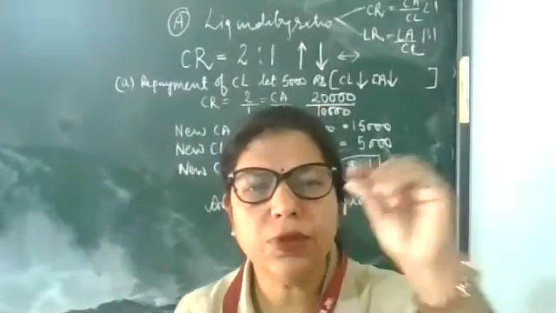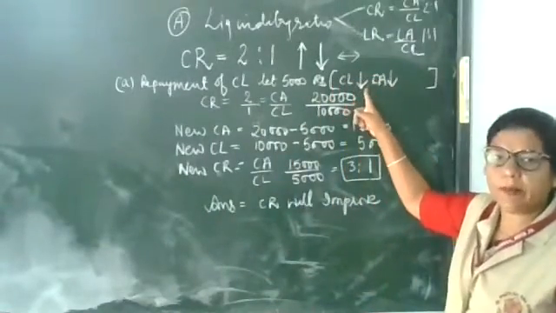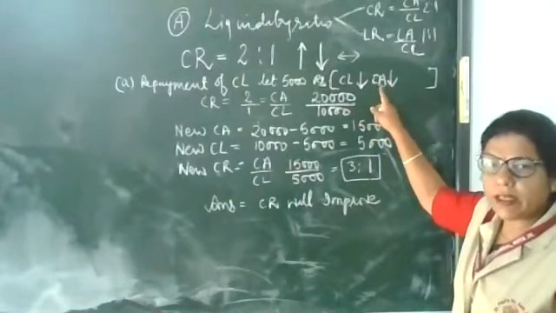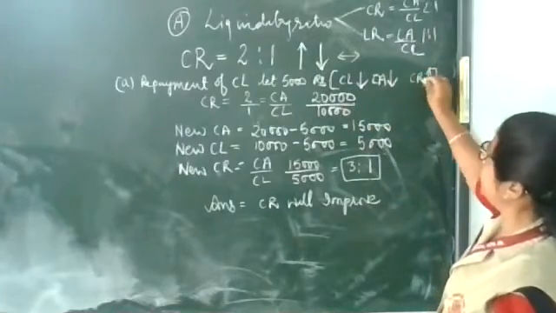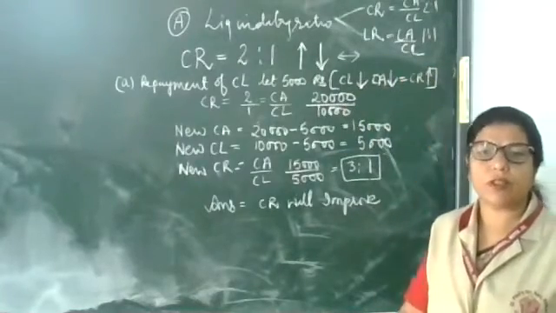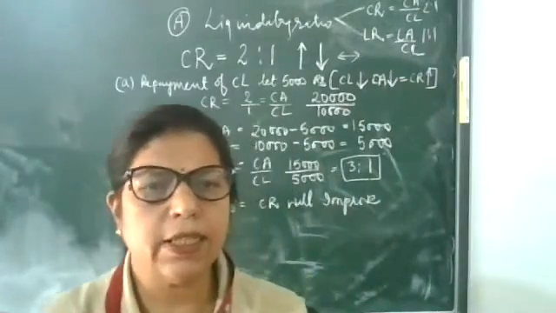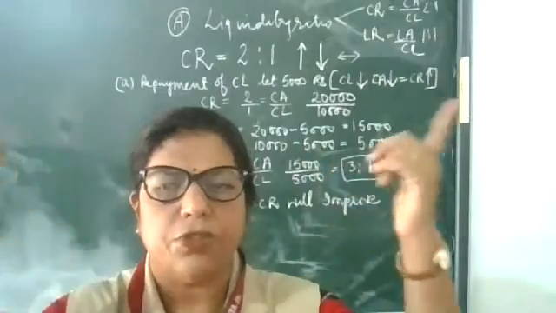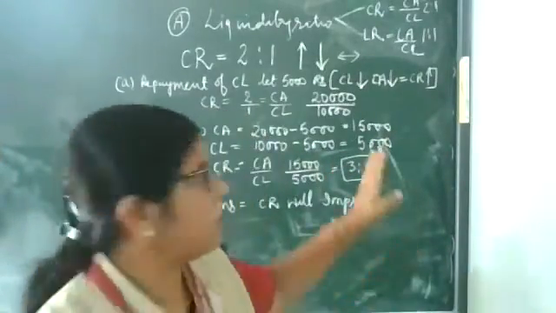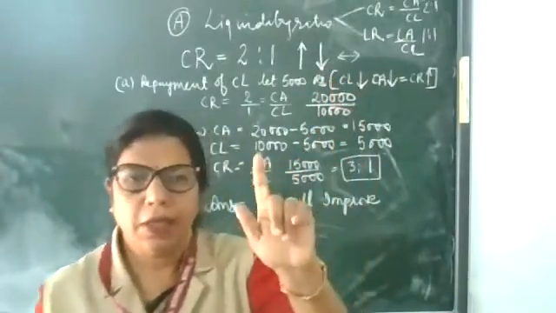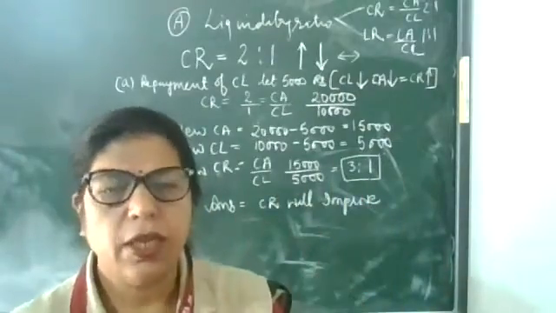So the conclusion is that when current liability decreases and current asset decreases, the current ratio will increase. That is the result. Now you can learn it: when CA and CL both decrease, the current ratio will improve. This is for the learning part only. Maybe that question will come in an MCQ, then you can use it.